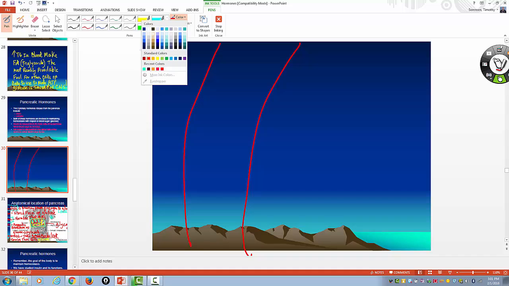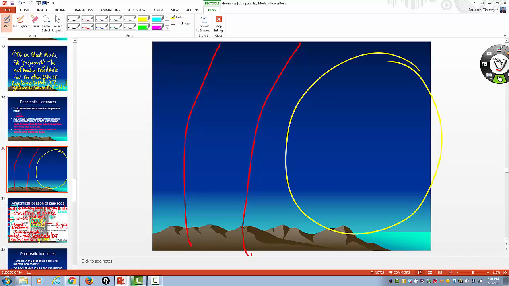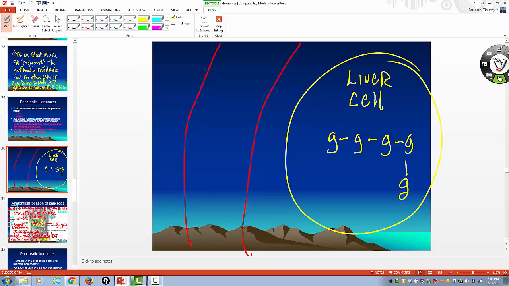In this case, you have a liver cell. What does the liver store? The liver stores glycogen, which is glucose chemically bonded together and stored with water.